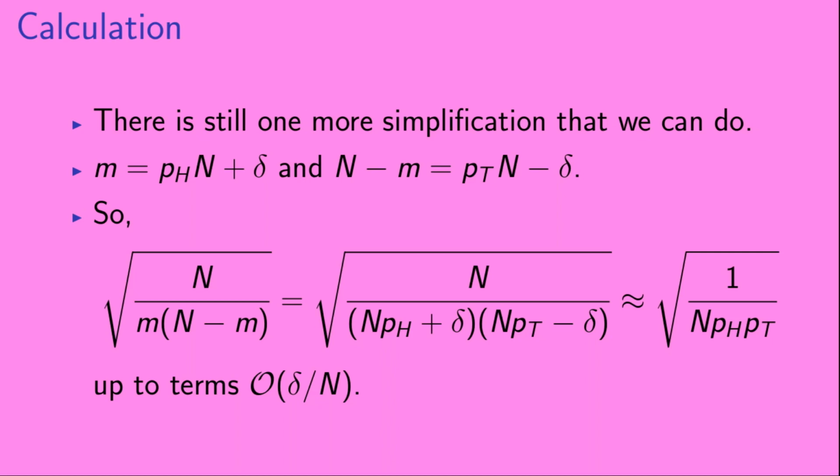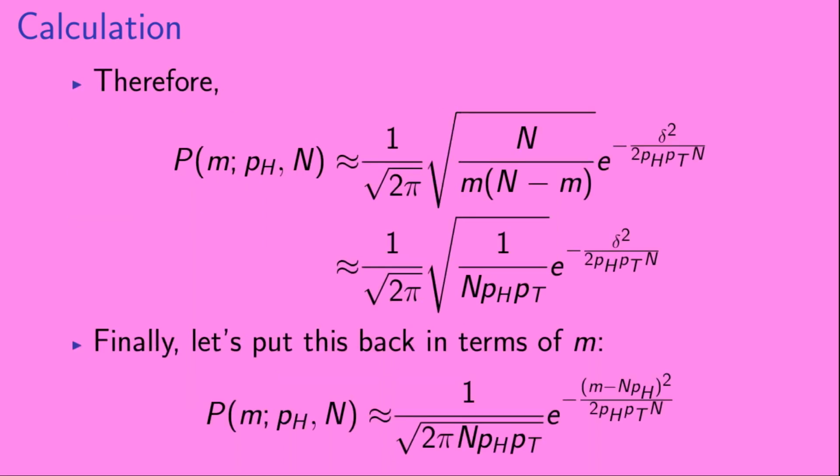Now, those terms delta are small compared to n pH and n pT, so we can neglect them, and this becomes the square root of 1 over n pH pT, up to terms of order delta over n. Therefore, our expression for P of m, given pH and n, simplifies slightly by replacing the square root of n over m (n−m) with the square root of 1 over n pH pT.